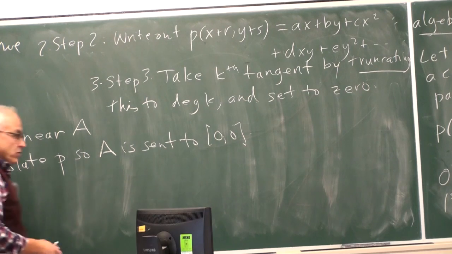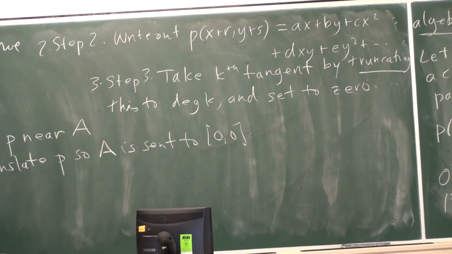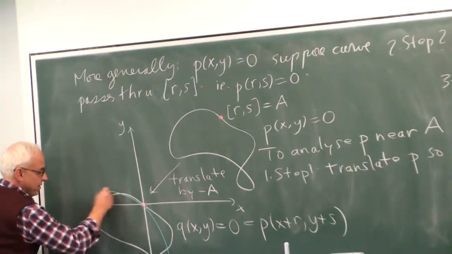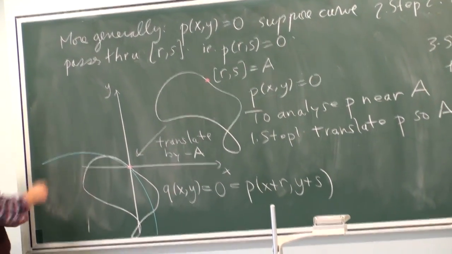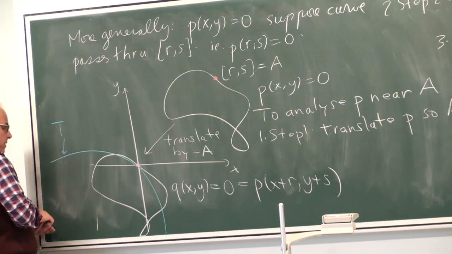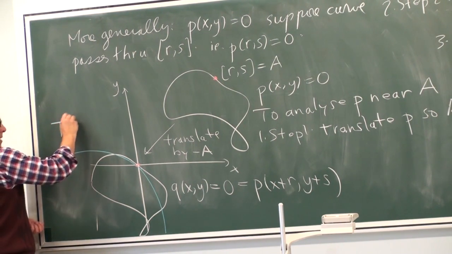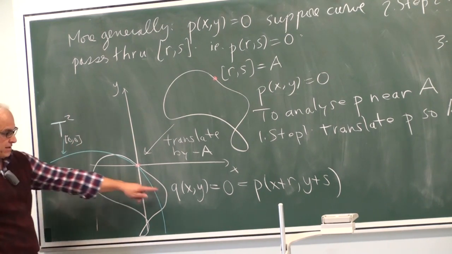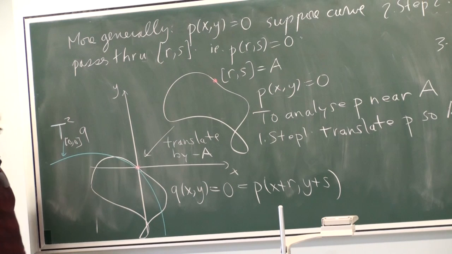So for example, suppose we were interested in a tangent conic, because that's what we're mostly going to be interested in. So that might be the tangent conic at this stage. This would be the tangent conic at 0, 0 of this polynomial q.